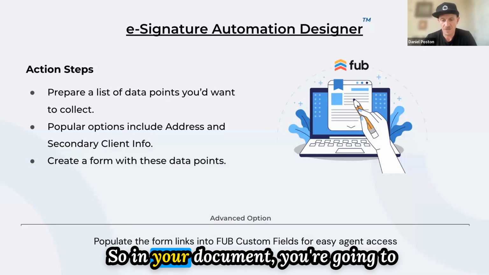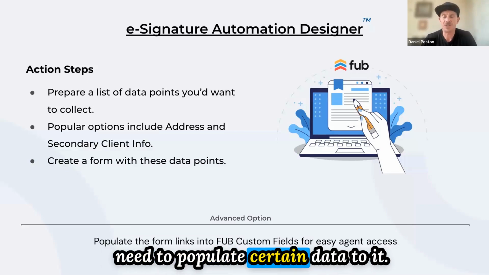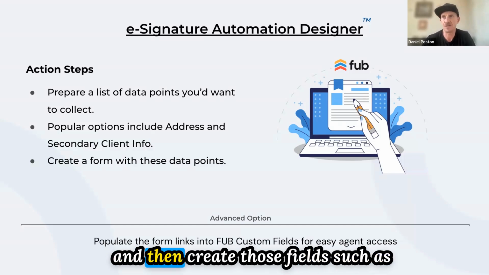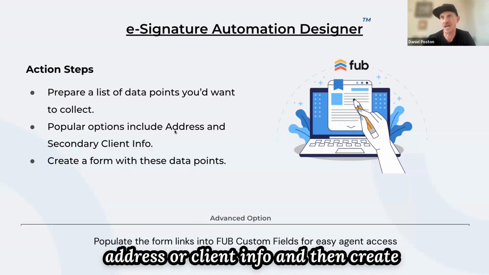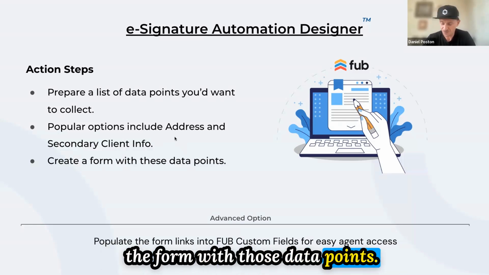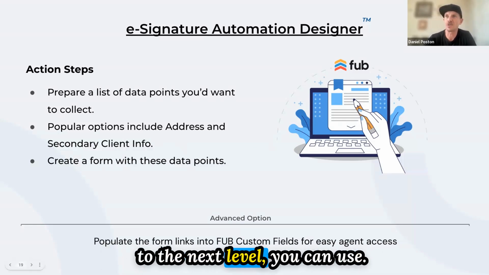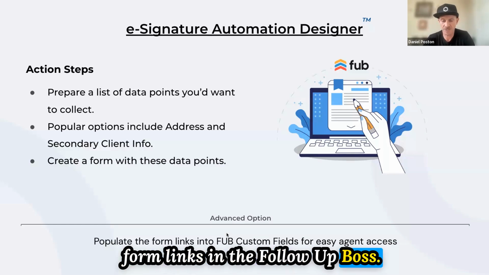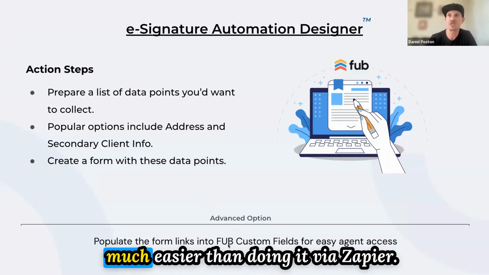In your document, you're going to need to populate certain data, so list out the data that you need, such as address or client info, and then create the form with those data points. If you really want to take it to the next level, you can use Zapier to populate those custom form links into Follow Boss, but our form system will make this much easier than doing it via Zapier.